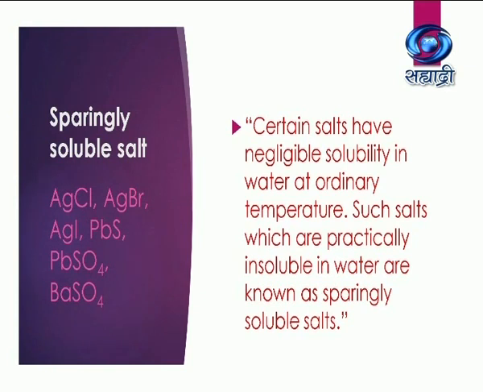But since, as I told you, out of the 100 molecules hardly 1 or 2 molecules are dissolved, almost 98 molecules remain behind. So 98 is very close to 100, and therefore such salts are called sparingly soluble salts.